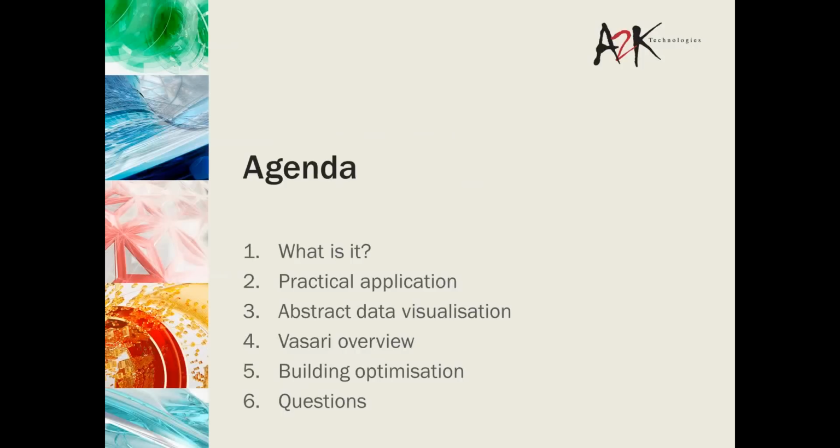We're going to have a look then at using it with an abstract data set that I've prepared, then move into a bit of an overview of a different product called Autodesk Vasari that we can use to do some environmental analysis. Then you'll look at using those environmental analysis results in Dynamo for building optimization. And there will be time for questions at the end. So if you do have a question, feel free to pop it into the questions box in the Citrix control panel there.